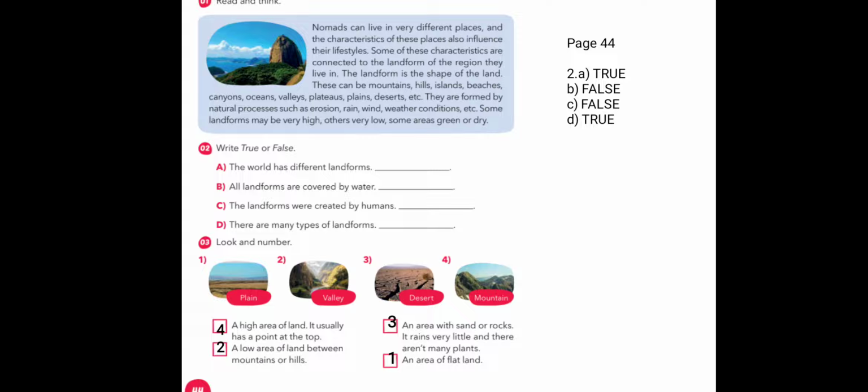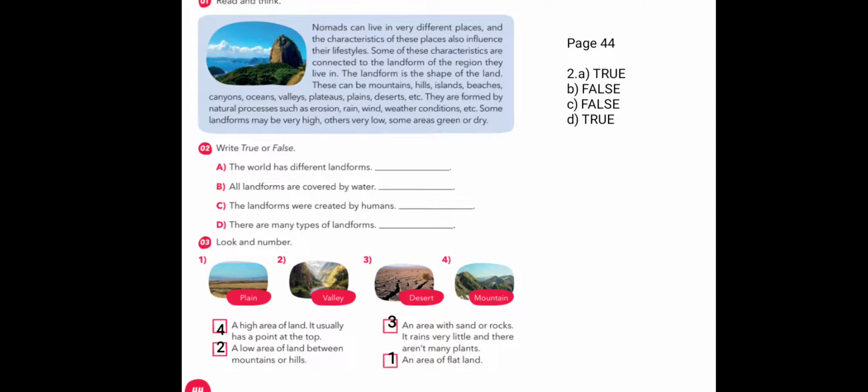So in this exercise number 3, it has the characteristics. So number 4, a very high area of land. Uma área muito alta de terra. So, mountain. A low area of land between mountains or hills. Uma região baixa de terra entre montanhas e rios. Valley. 3.